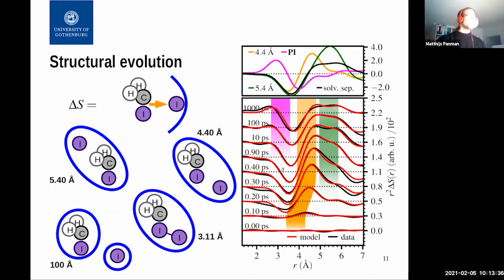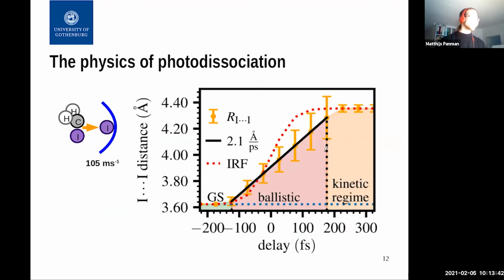So first, I want to talk about the sub-picosecond timescale of the reaction. At these timescales, we're essentially observing the physics of the chemical reaction. Since the dissociation is barrierless, we can track the real-time separation of the iodine atom from the diiodomethane molecule.